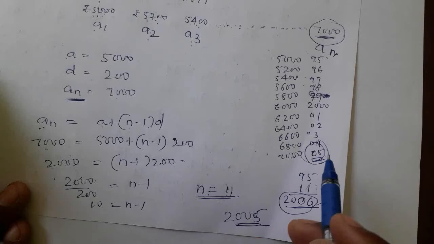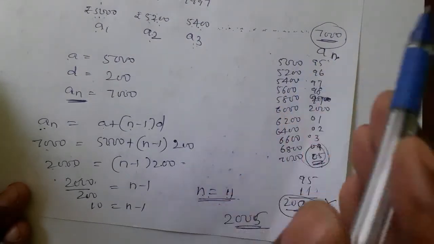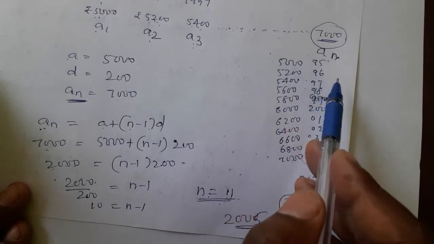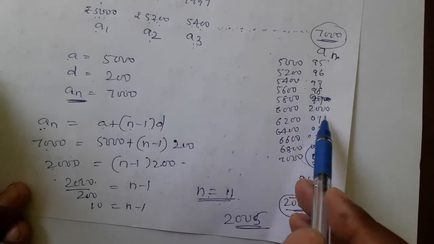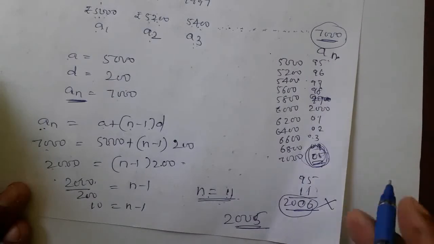First, second, third, fourth, 5, 6, 7, 8, 9, 10, 11 means 2005 only it comes. So that's the answer for application question 1.